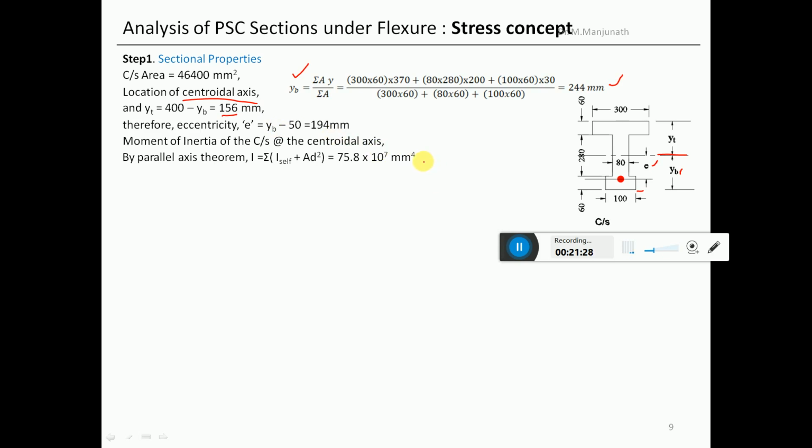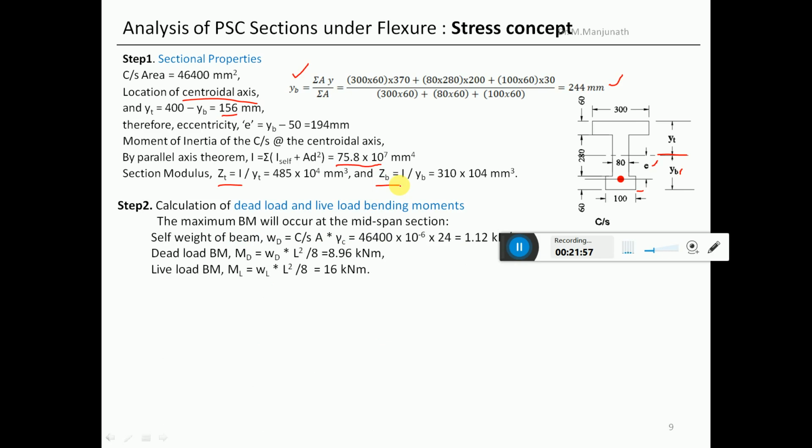So by parallel axis theorem, we get the moment of inertia of the cross section about the centroidal axis, and after getting this, we get the section modulus, which is ZT and ZB.